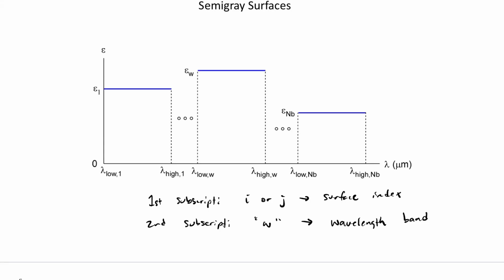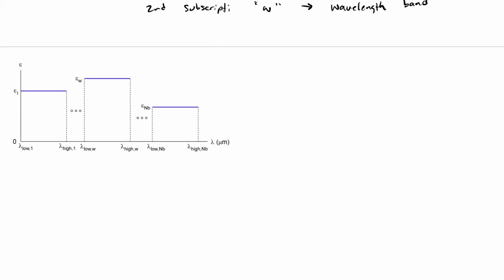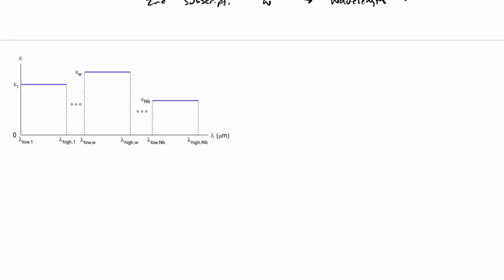Okay, so let's write out the equations for these. Here's our little plot again. So let's write out the equations for these, and then I'll go through some of the nomenclature in the equations. All right. So first of all, we need 2 times N equations. Okay, so the first would be a surface resistance.